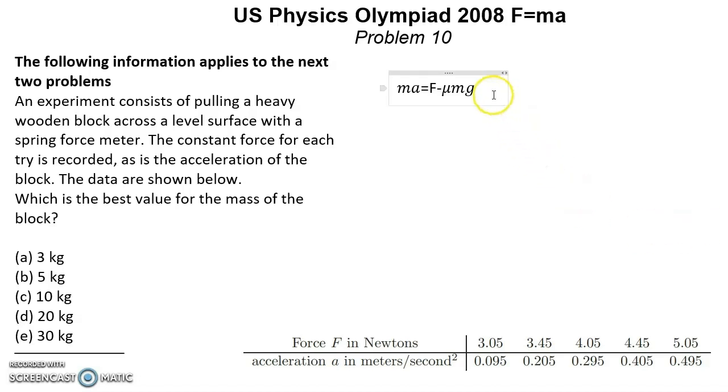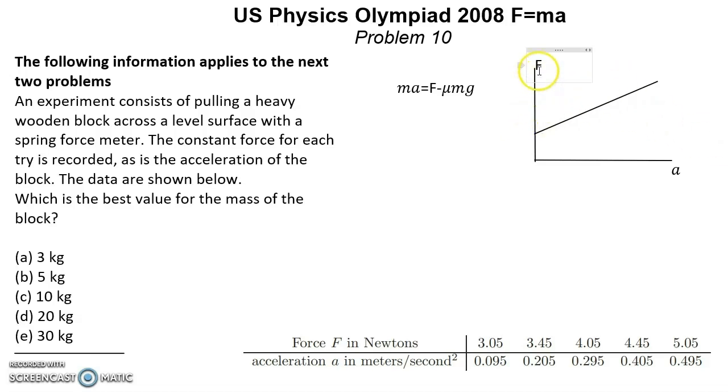If we look at this equation and at this data, we can see that force is a function of acceleration, and according to this equation it must be a straight line. And we can draw a picture. From this picture we can see that mass could be defined as the slope of this graph, so delta F divided by delta A.